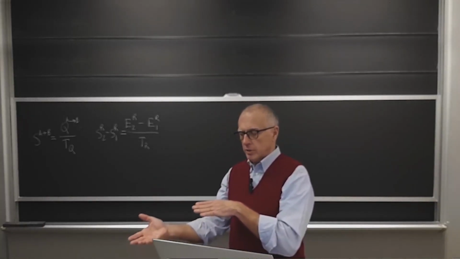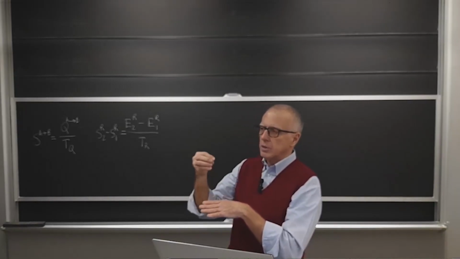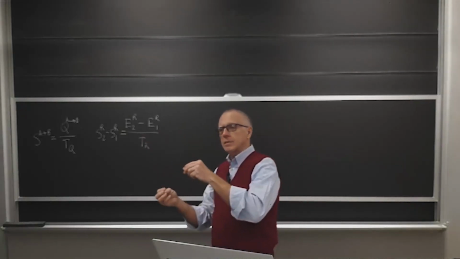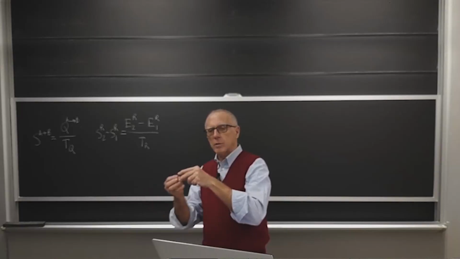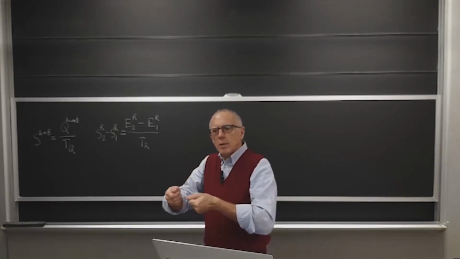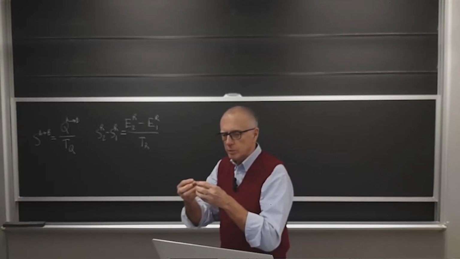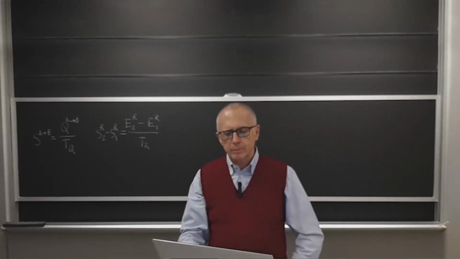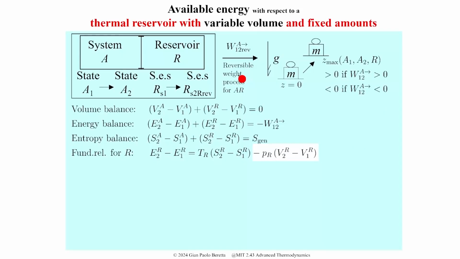And since the reservoir is there, the increase in temperature prepares for a heat interaction in which the system gives energy to the reservoir, thereby contrasting the change with which you took it away from equilibrium. It tries to spontaneously return to equilibrium by increasing its temperature.